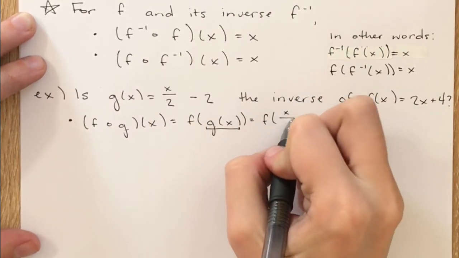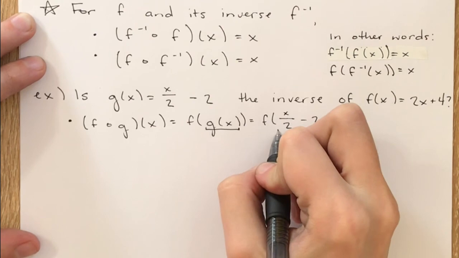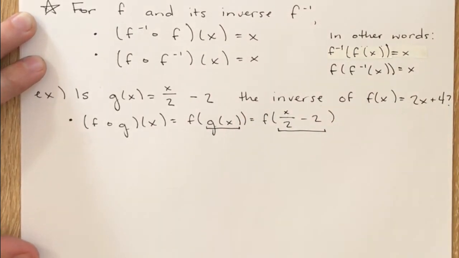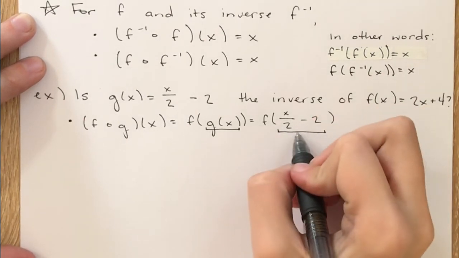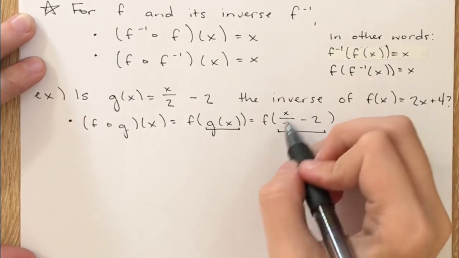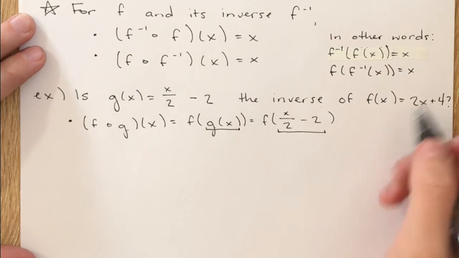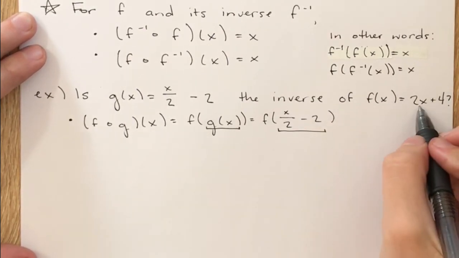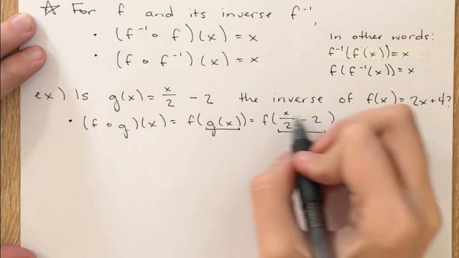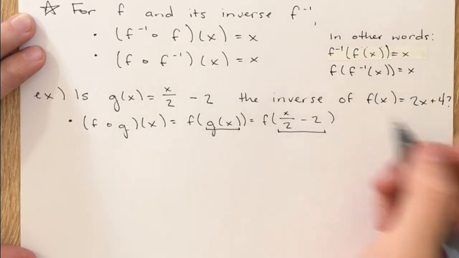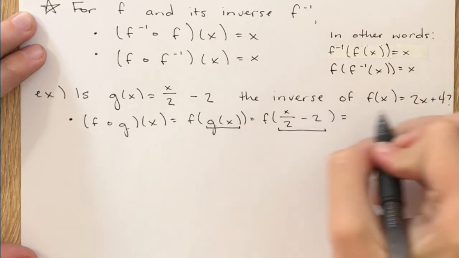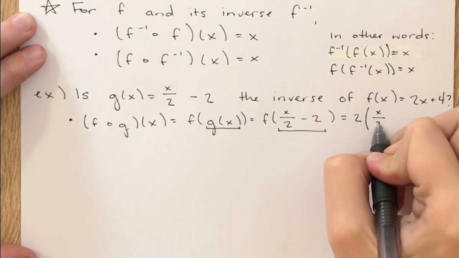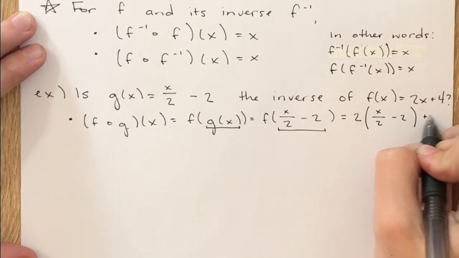Again, they're equal, so I'm underlining both of them. And now we have something that we're plugging into f. So we have to replace x here with x over 2 minus 2. So we have 2 times x over 2 minus 2 plus 4.